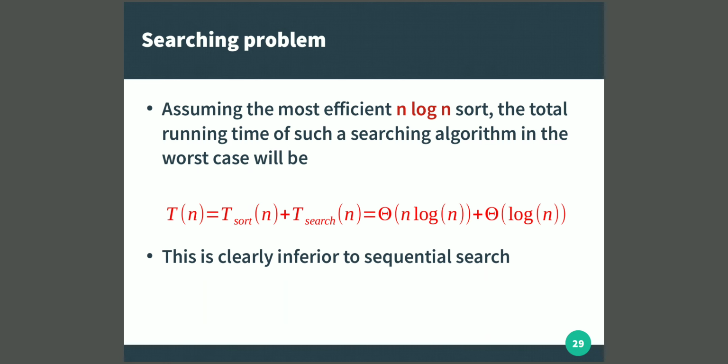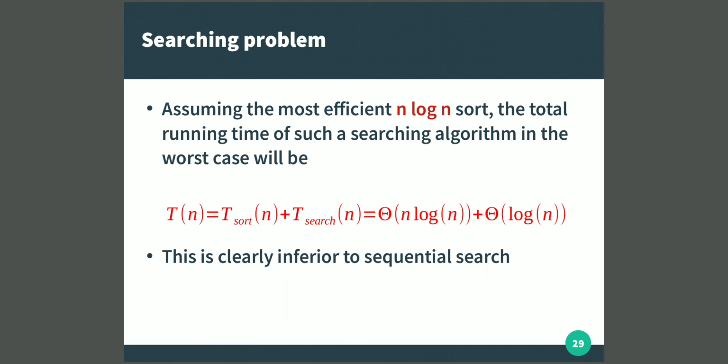As we have said, the overall efficiency of an algorithm that is executed in parts is the efficiency of the part whose efficiency is the worst. Among n log n and log n, n log n has a higher order of growth, and therefore the overall efficiency of this transform and conquer approach will be n log n. And we found out that the brute force approach's worst case complexity is just n.